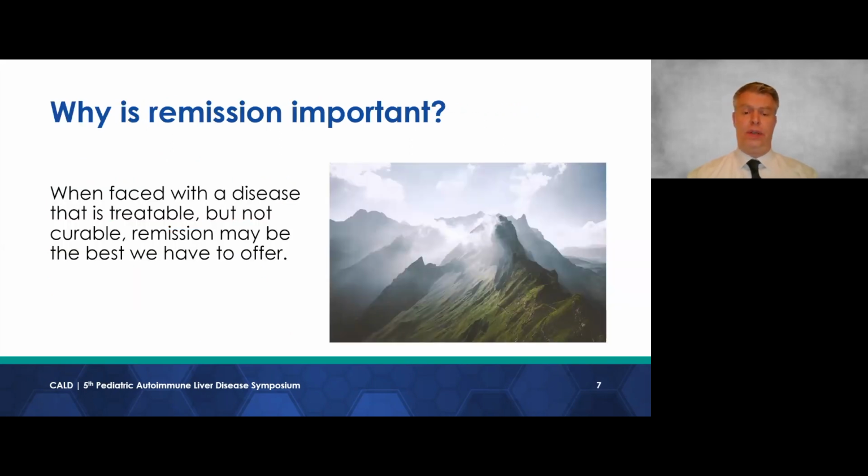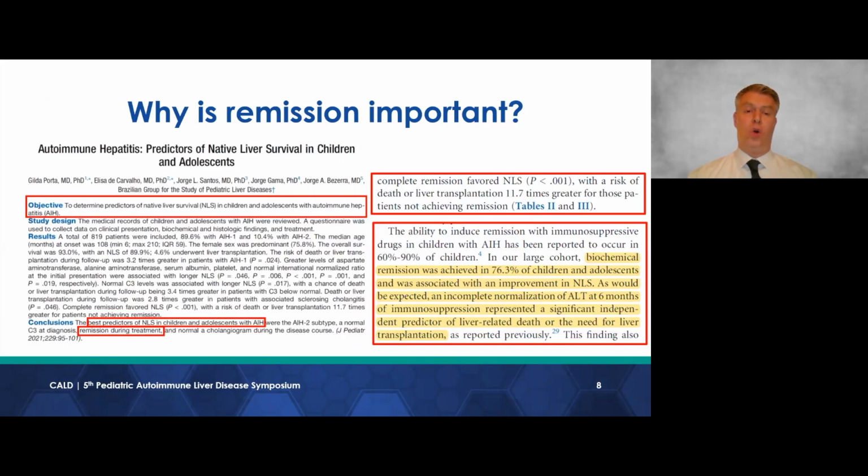Why is remission important? One simple answer would be whenever we are faced with a disease that is treatable but not curable, remission may be the best we have to offer. But more precisely, remission has meaningful implications for a patient's future, as shown, for example, in this large retrospective study by Porta and colleagues, which came out earlier this year.